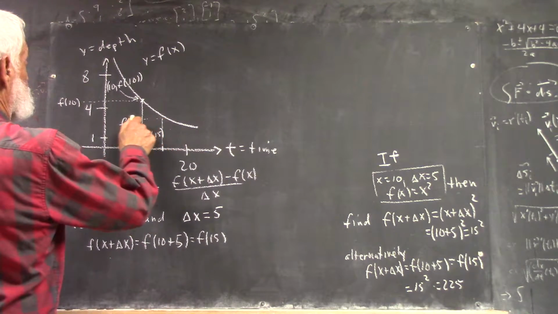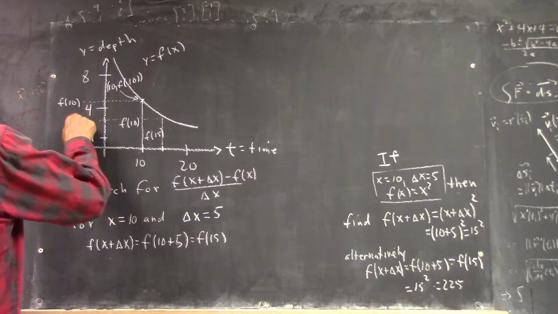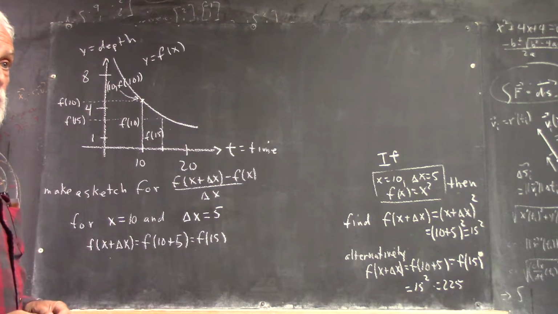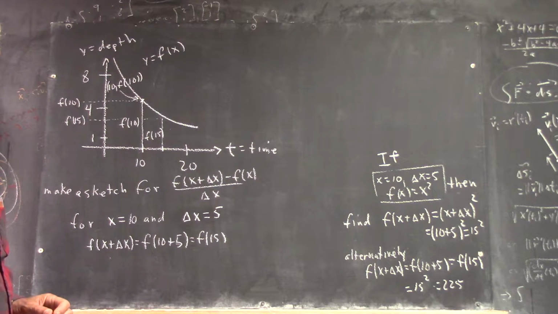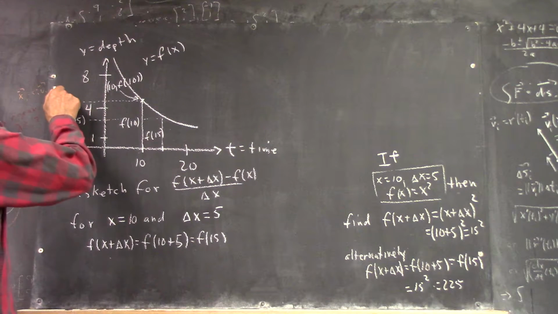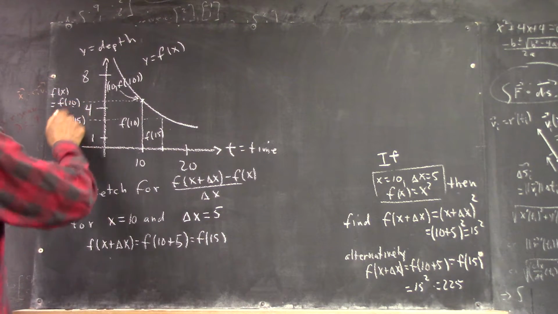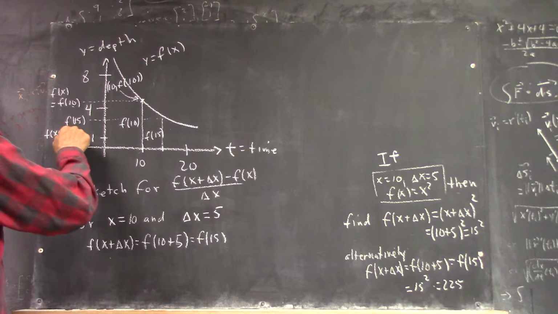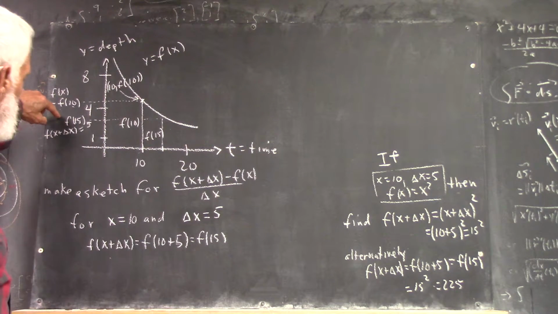It doesn't hurt to do that. Since we've got a scale, we might as well. Well, f of 15 is just what we get here. And we could even say the f of x for our question is f of 10, and f of x plus delta x is our f of 15.